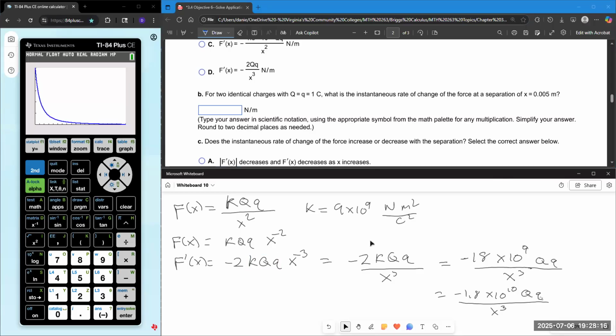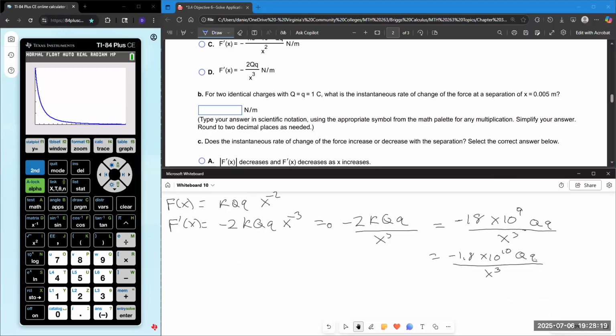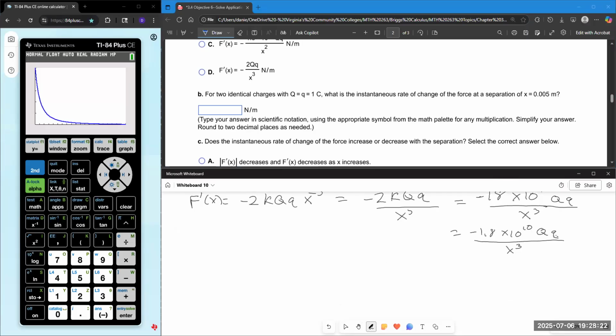We want F prime of 0.005, which is going to be negative 1.8 times 10 to the 10th over 0.005 to the third, negative 1.8 times 10 to the 10th over 5 times 10 to the negative third to the third.